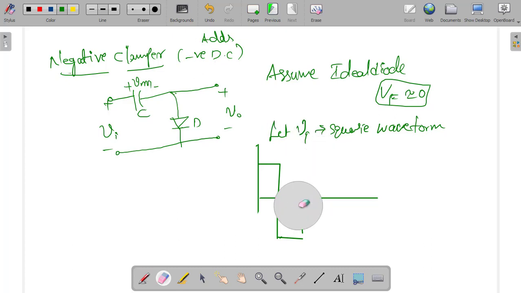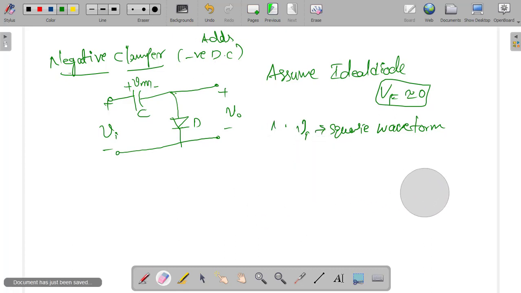Let Vi be the square waveform. So I am drawing Vi. Clear?